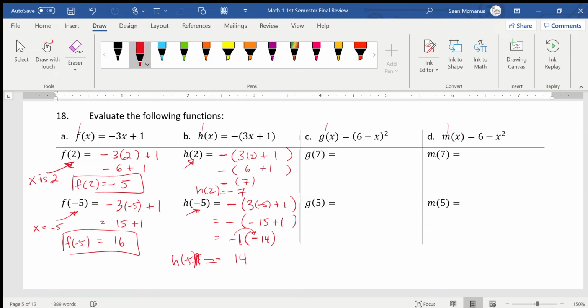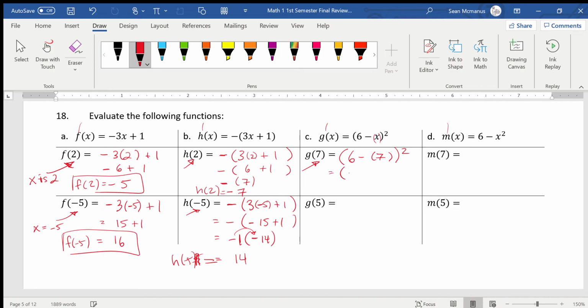Kind of sloppy, sorry. All right, 2 more and then we're done with chapter 1 and chapter 2. So G of 7. So here my x is 7. So 6 minus x squared. Wherever I see the x, I'm going to put parentheses, then put in my number. So 7.